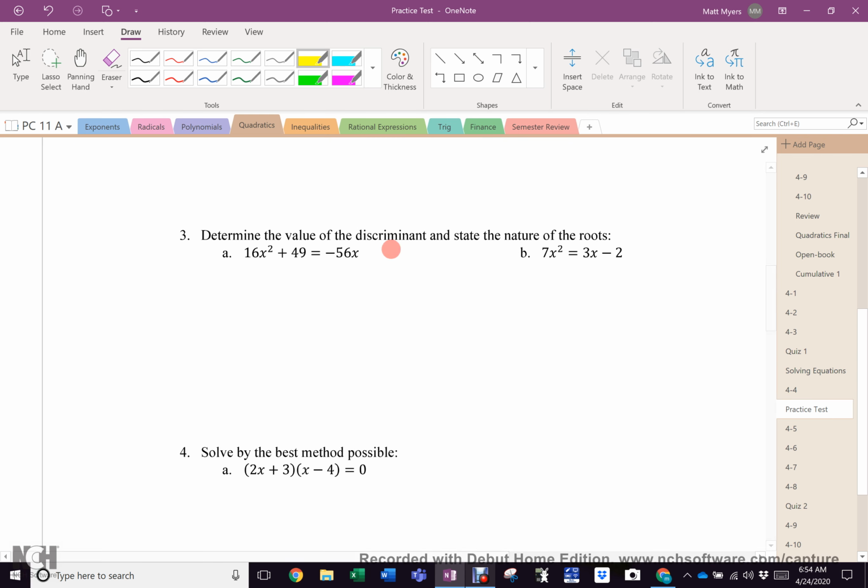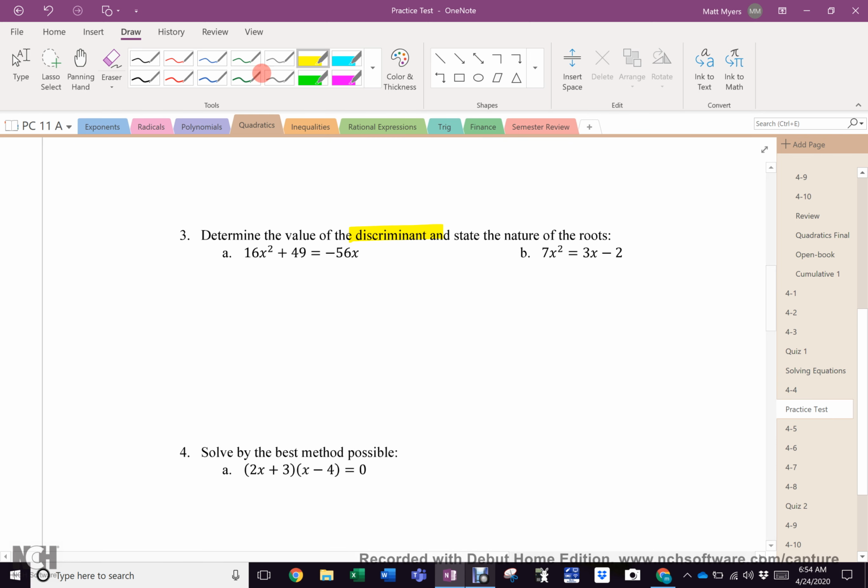The discriminant, which we remember, is just b squared minus 4ac. So in this one, that is 16x squared plus 56x plus 49.